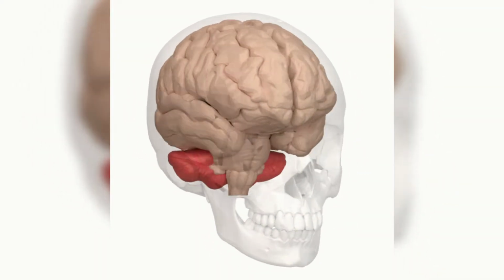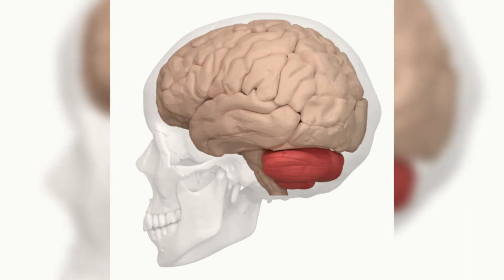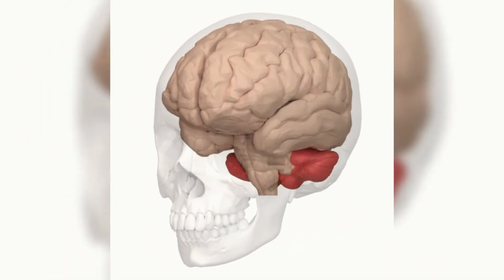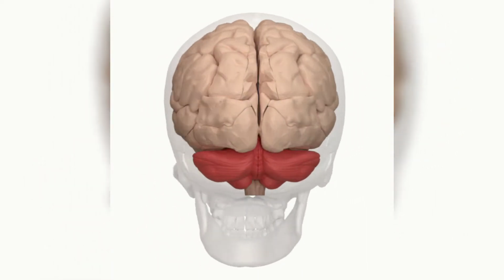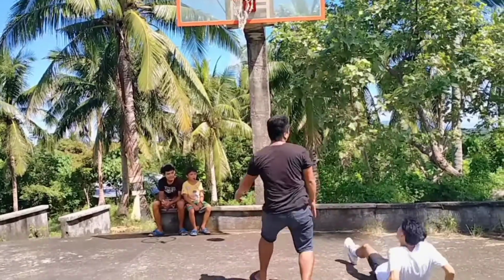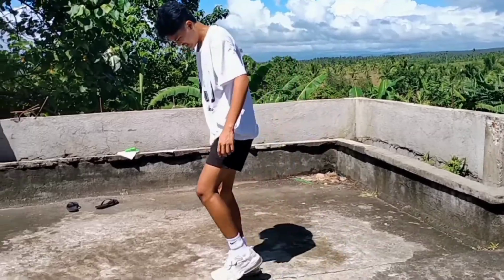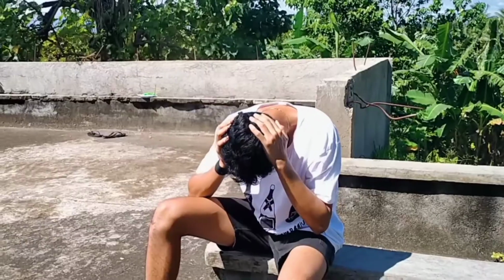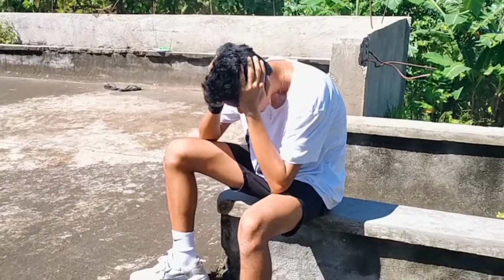So our cerebellum is the reason that we can maintain our structure and posture. Any damage to our cerebellum will lead to loss of fine coordination, inability to walk, and dizziness.